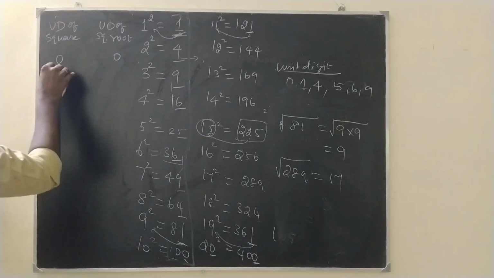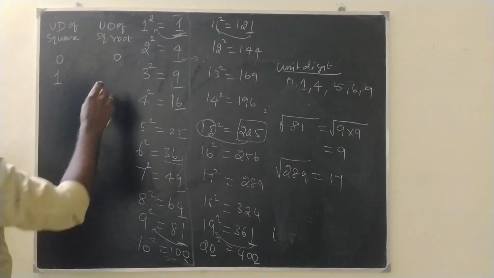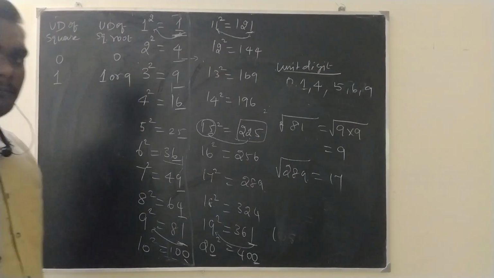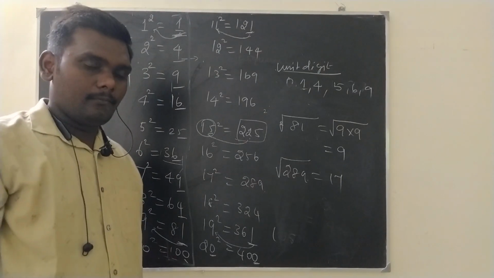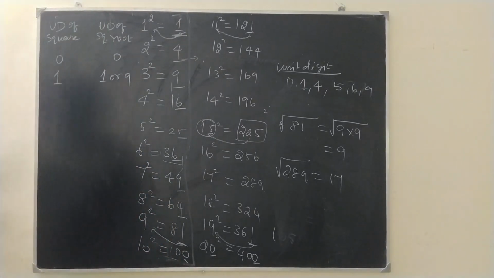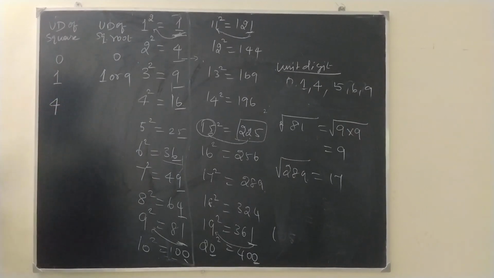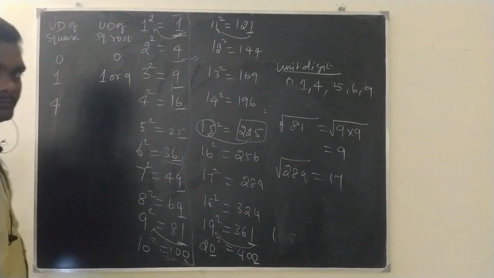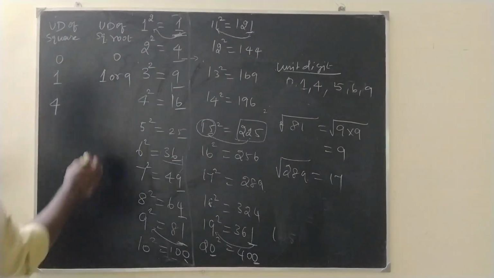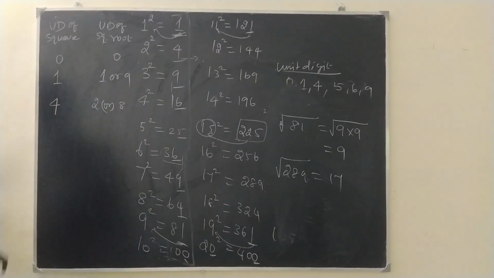If the unit digit of a square number is 1, the unit digit of the square root is 1 or 9, either number. Next, 2 is not possible. 4. If the unit digit of the square is 4, which means the bigger number ends in 4, then 2 or 8 is our unit digit.